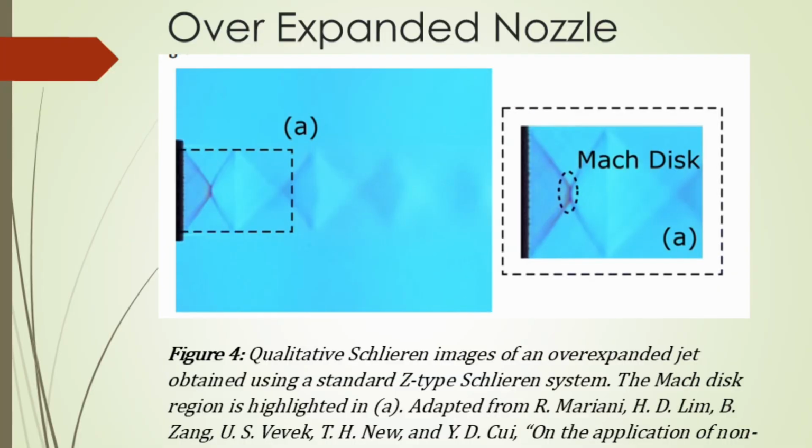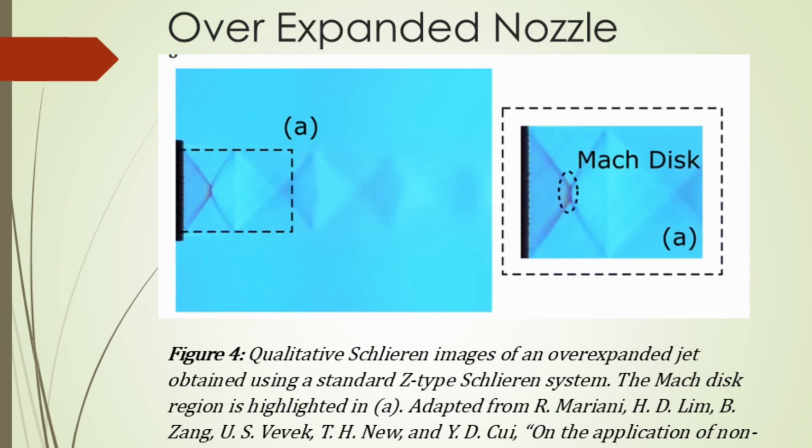This figure represents a qualitative Schlieren image of an overexpanded jet adapted from Mariani. The image clearly highlights a large Mach disk at the jet core, the presence of recompression shocks downstream, and the distinct shear layers forming around the jet boundary. In panel A, the Mach disk region is specifically outlined.